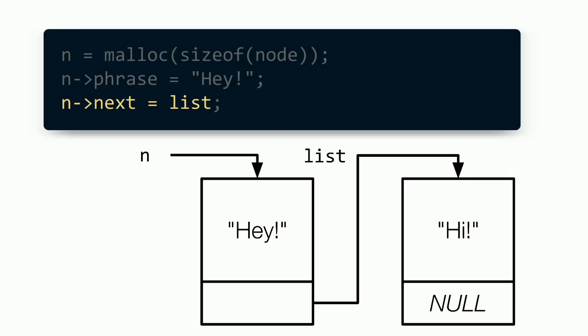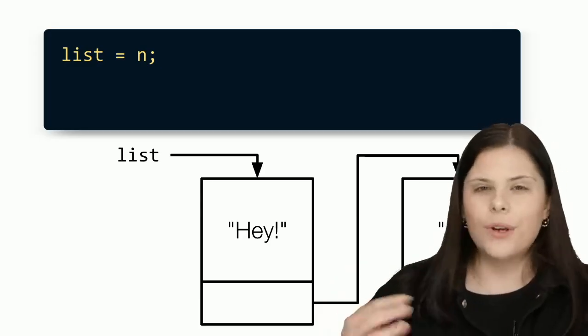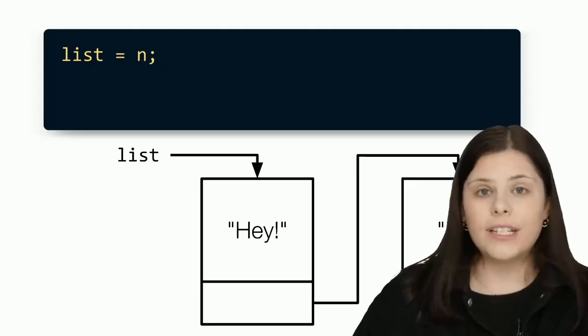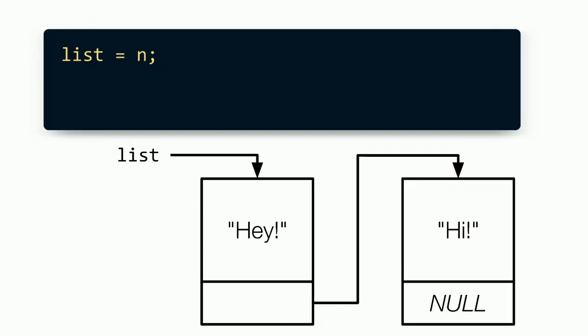And now, since we always want list to point to the very first element in the linked list, we need to make sure we reset it, and now list will be pointing to "hey" and not "hi." See how technically under "hey," in this second part, we don't really have anything stored, but what it is really storing is the address of the node "hi," the one on the right-hand side.